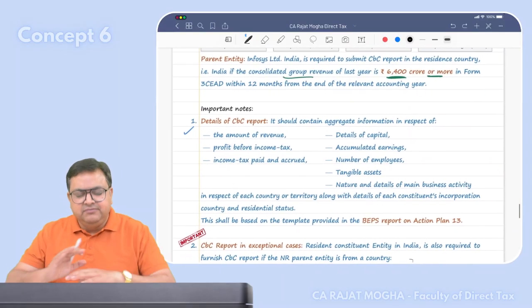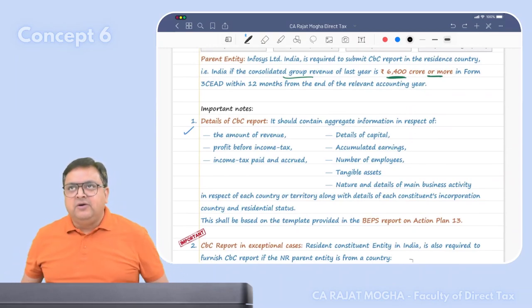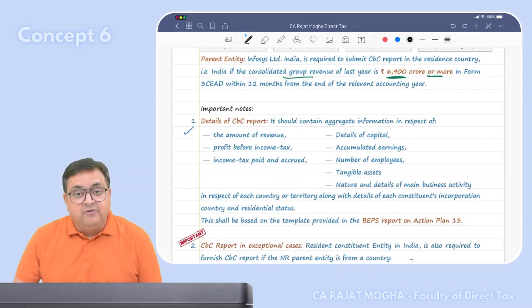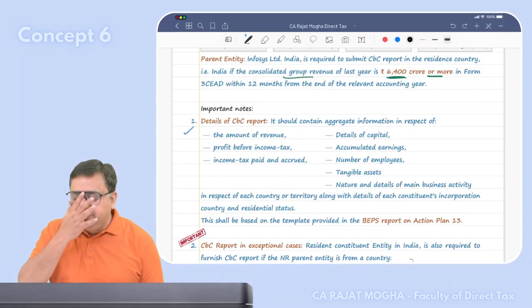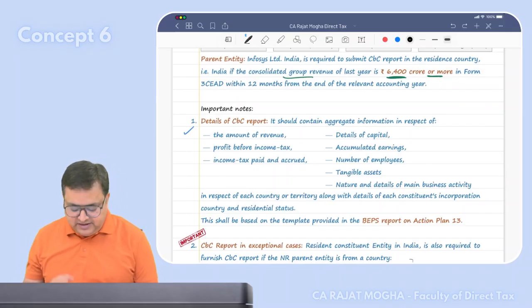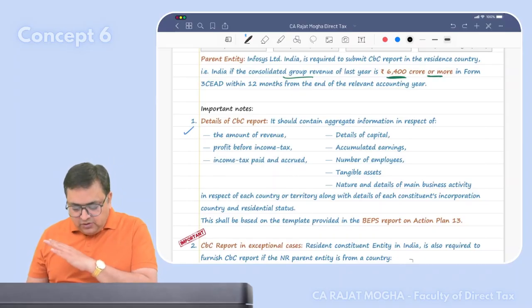Guys, what are the details of CBCR? It's very important. Once you qualify, or some of you who have done your articleship, especially in direct taxes, with those firms where you do international taxation work, might know that CBCR reporting is today quite important.